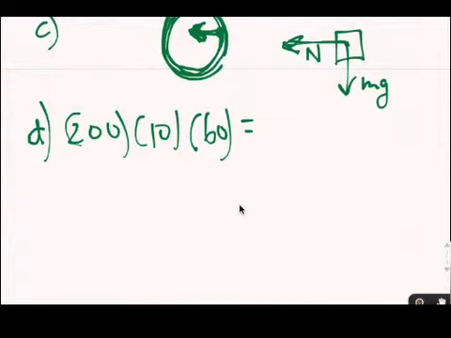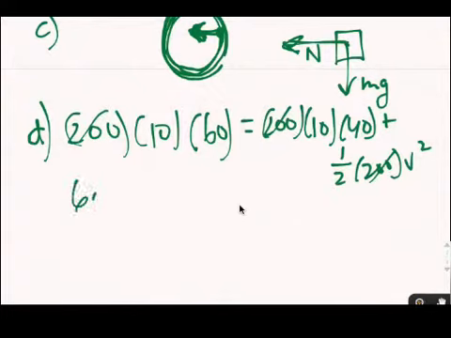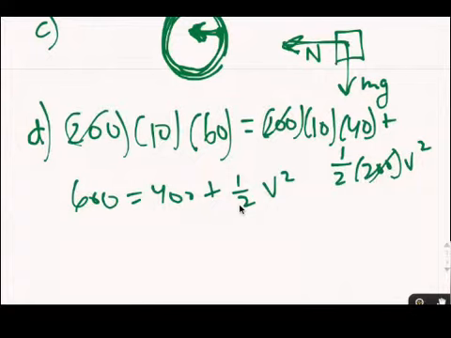And now we know mgh, and the height is 40 because it's the diameter, plus 1/2 mv squared, the masses cancel. 600 equals 400 plus 1/2 v squared. So 200 times 2 is 400, and the square root of 400 is 20.